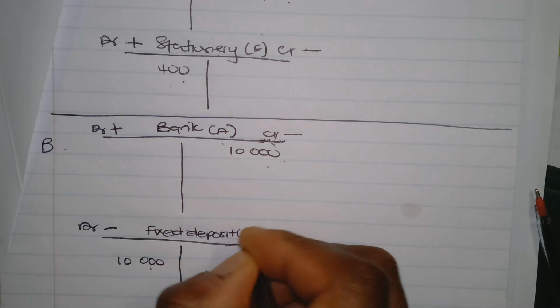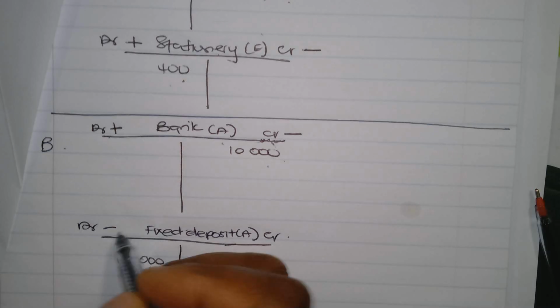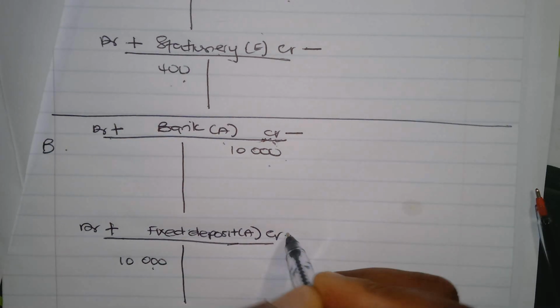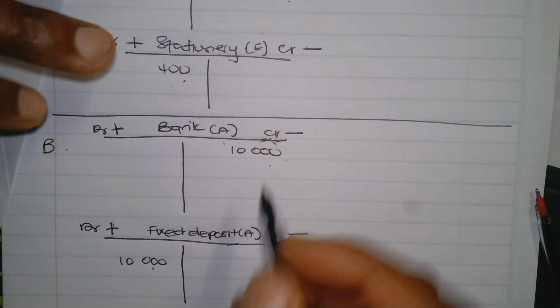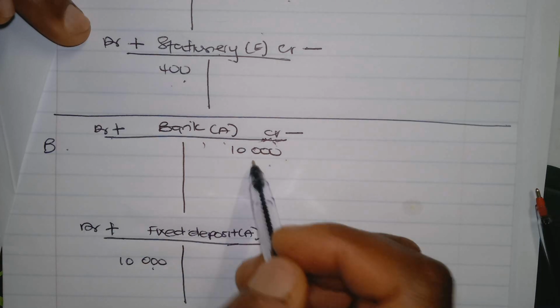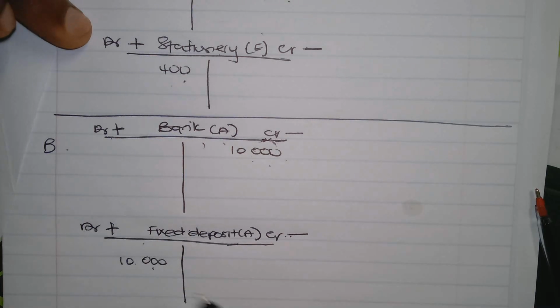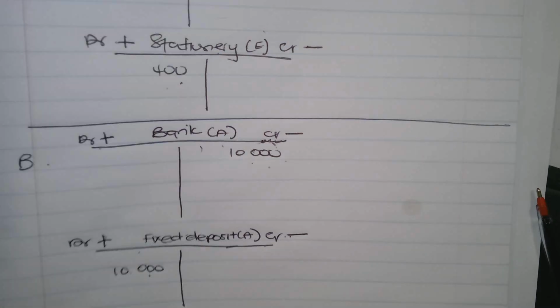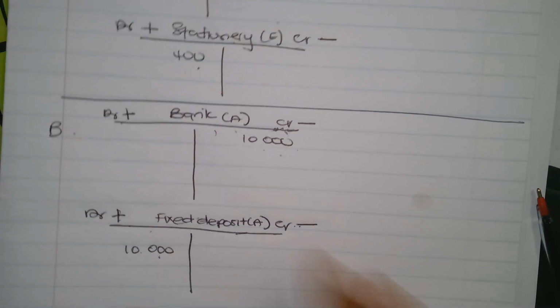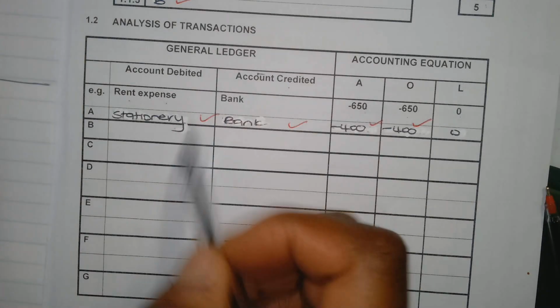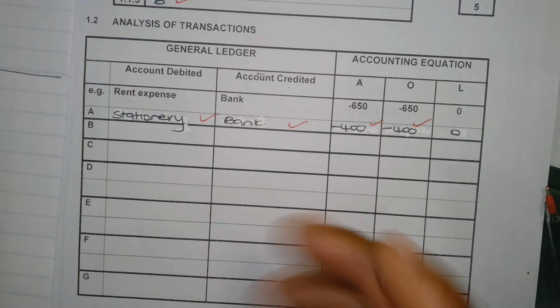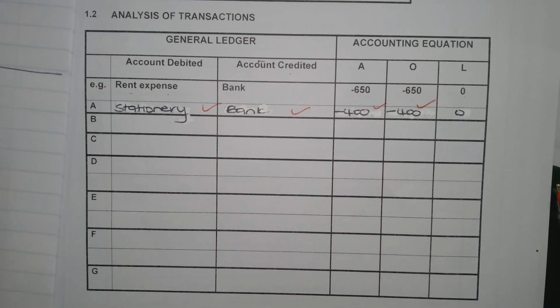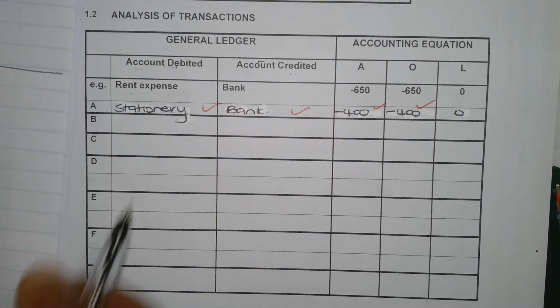Now a fixed deposit is an asset, right? Increases on debit just like bank, and decreases on the credit. So this is what was credited and this is what was debited. So from my working out, when you go to question 1.2, the analysis, you start off with the account that was debited.